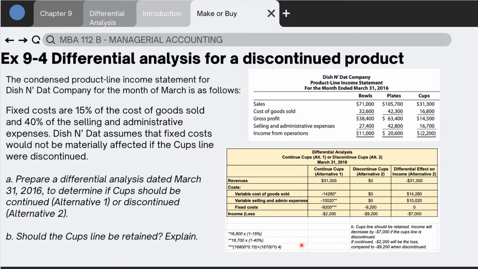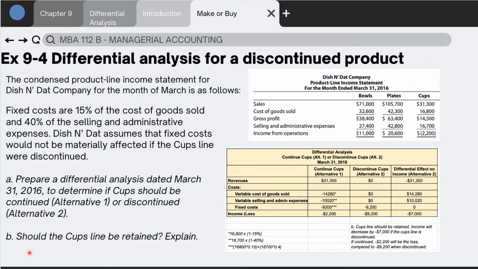That's the answer for letter B, because the difference on the loss of 2,200 compared to discontinuing the cups and a loss of 9,200, it is advisable to continue the cups instead of discontinuing it.